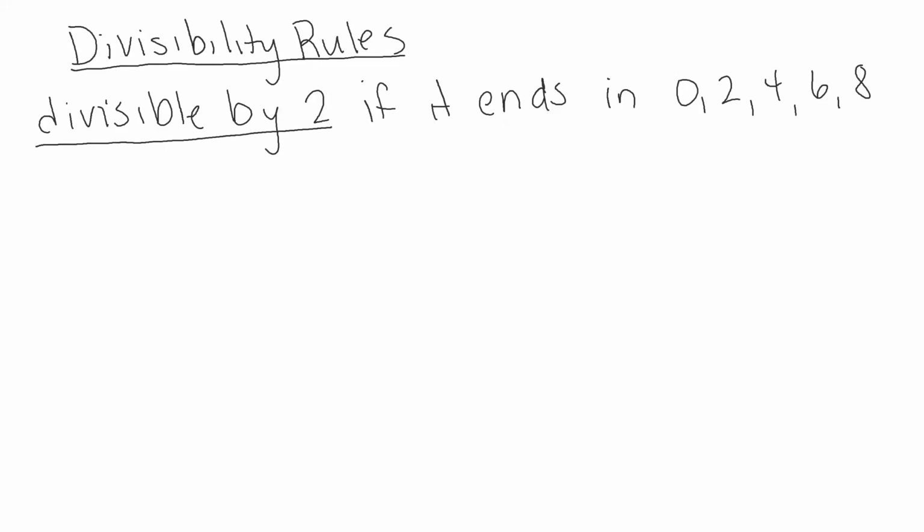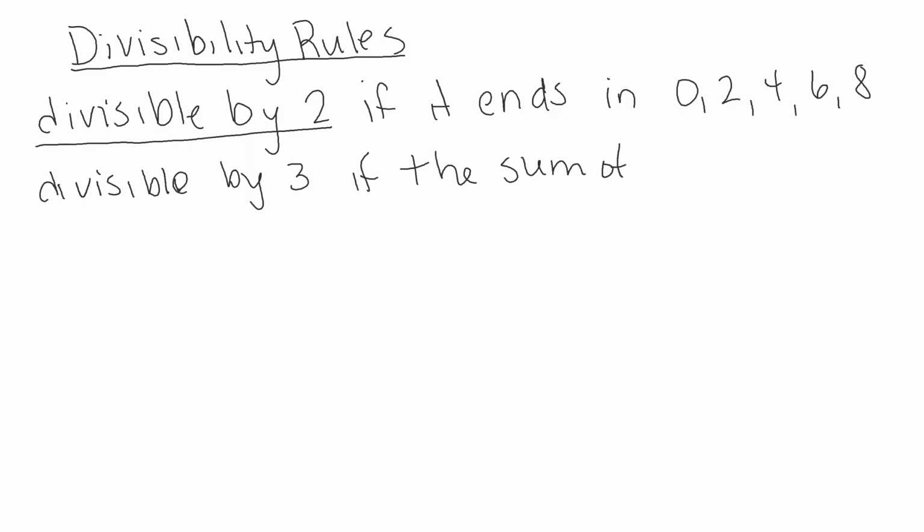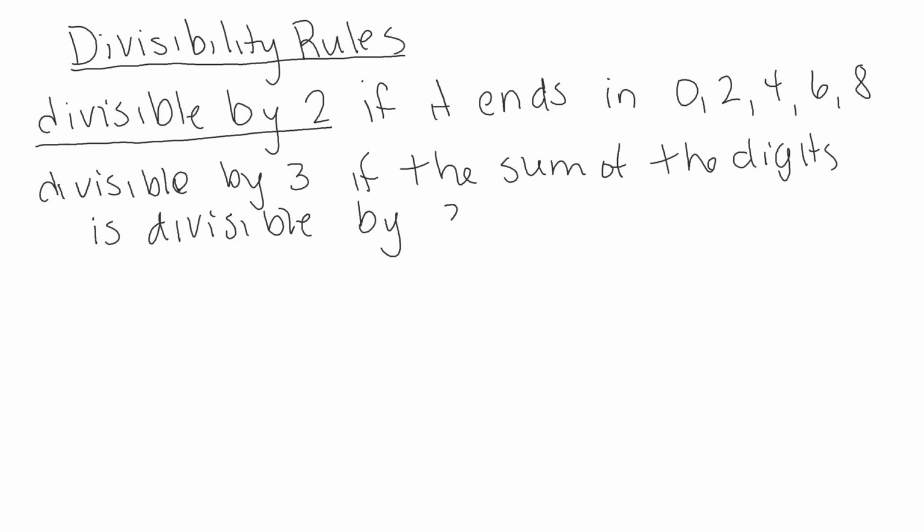Numbers would be divisible by 3 if the sum of the digits is divisible by 3. All right. So let's look at an example.